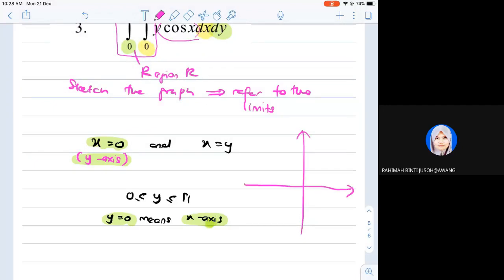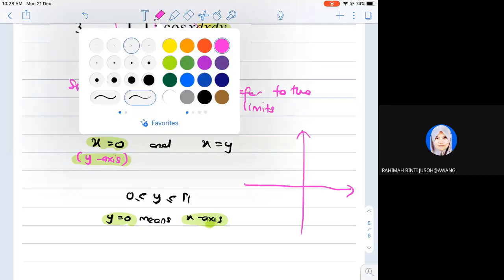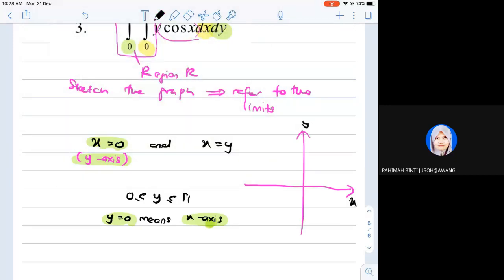We have this. Okay. X and y. All right. We have x equals to 0 and then x equals to y. So x equals to 0, of course, here, 0. X equals to y, so here. Okay. And then we have, okay, x equals to 0, as I mentioned, is y exists. Isn't it? So y exists.